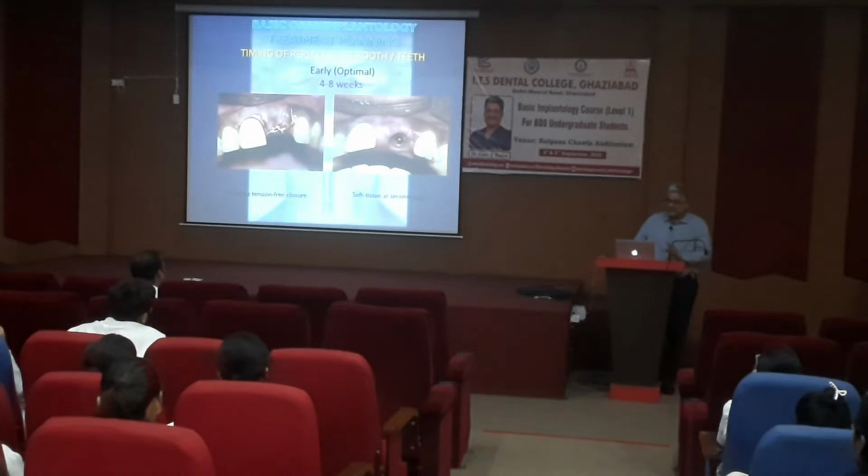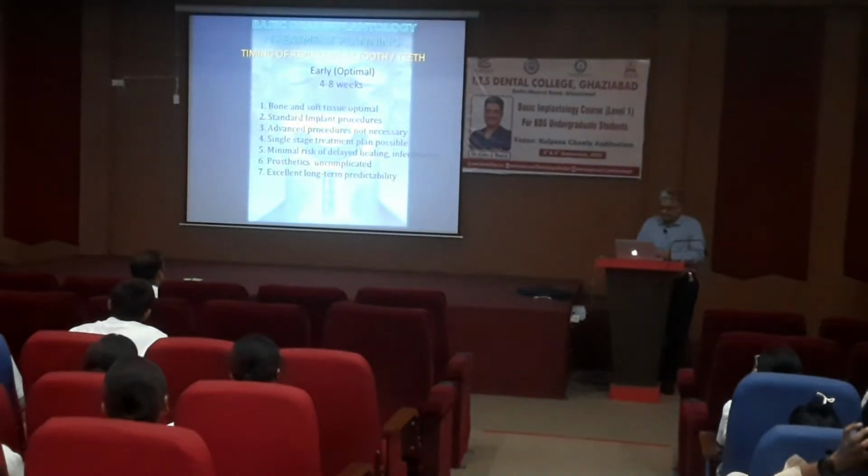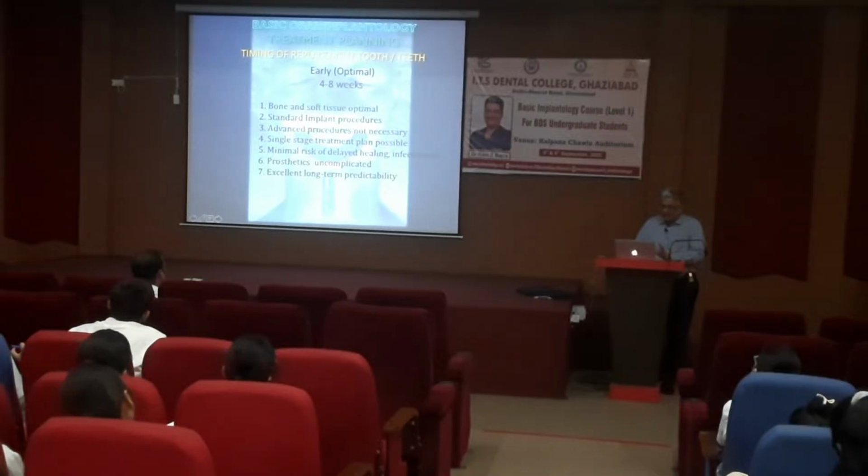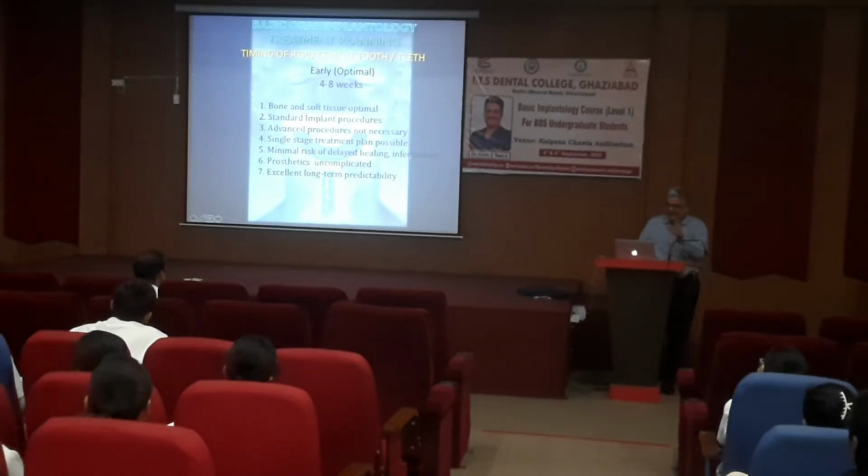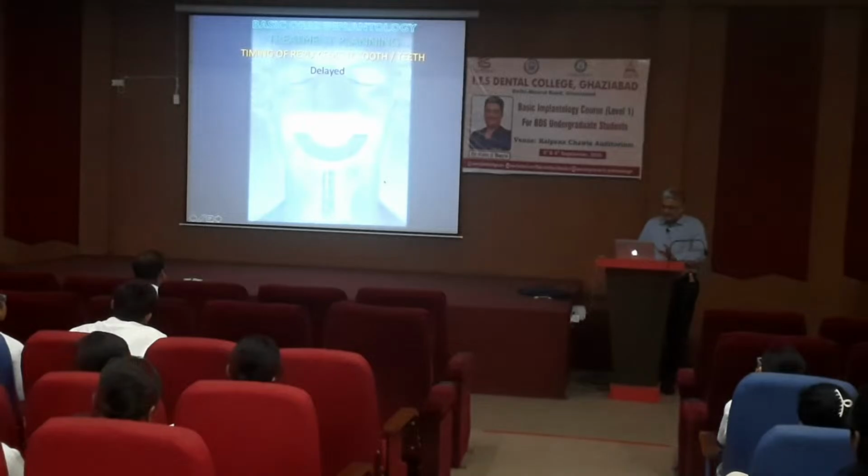So this is maintained when you are doing an immediate extraction and immediate loading. Bone and soft tissue are optimal. Standard implant procedure, advanced procedures, not necessarily a single stage treatment plan possible, minimal risk of delayed healing. All these are pros. Prosthetics are uncomplicated, excellent long-term predictability.